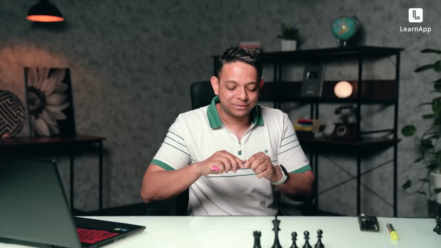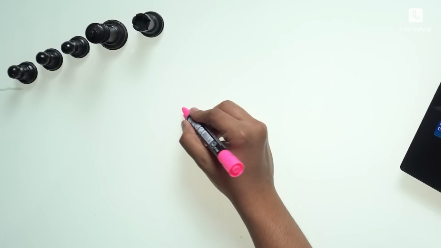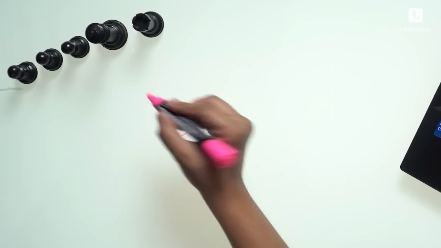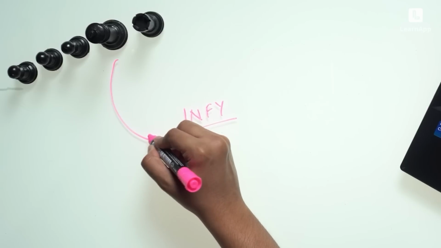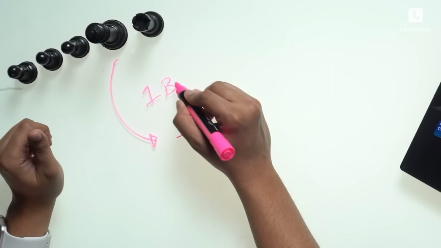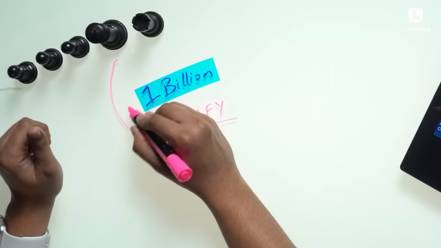Now I have one question for you. Let's suppose we have, say, Infosys, okay? Now, of course, I'm not saying buy Infosys, it's just an example. And let's suppose this institutional investor wants to invest, say, let's say he wants to invest $1 billion, okay? $1 billion.